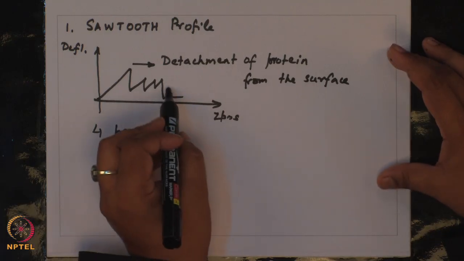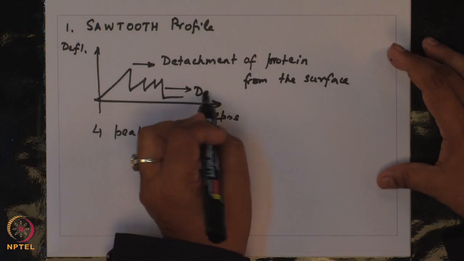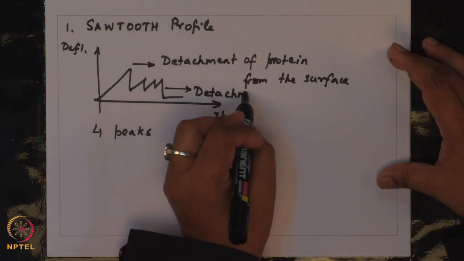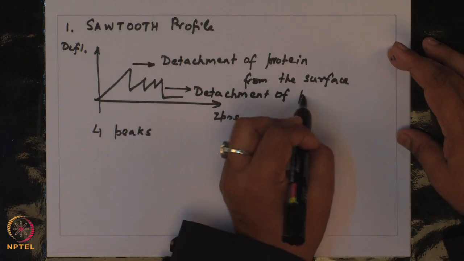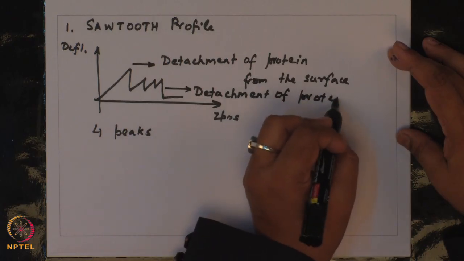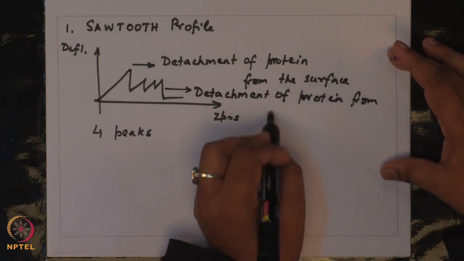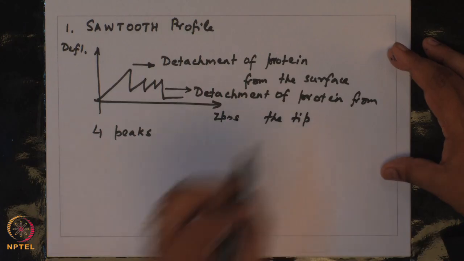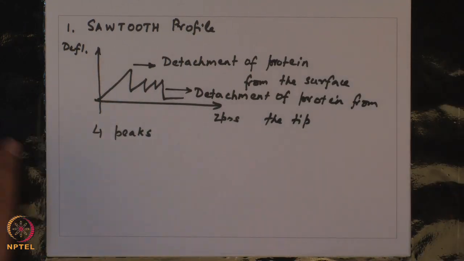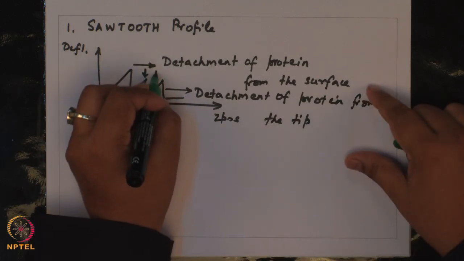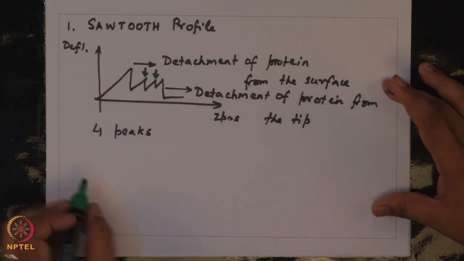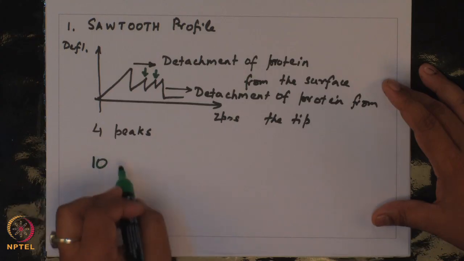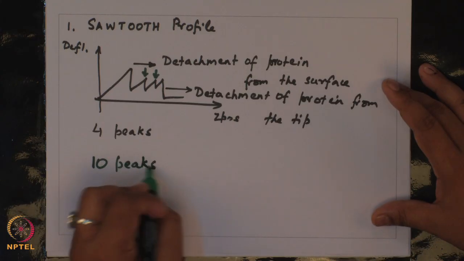And the last peak corresponds to detachment of the protein from the tip. Essentially, the middle peaks are your data peaks for your protein of interest. Typically, let us say you get a total of 10 peaks in a given experiment.